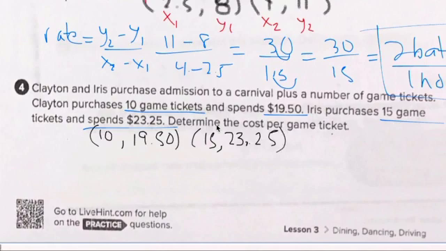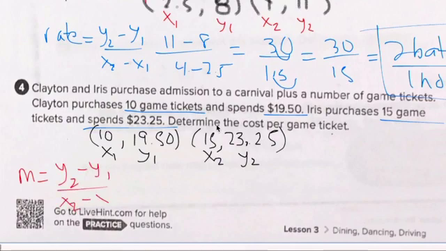So you do, again, slope formula, x sub 1, y sub 1. I need to see at least 2 of them, x sub 2, y sub 2 on a page. At least 2, guys. I prefer all because there's only 4. Y sub 2 minus y sub 1 over x sub 2 minus x sub 1. 23.25 minus 19.50 all over 15 minus 10.